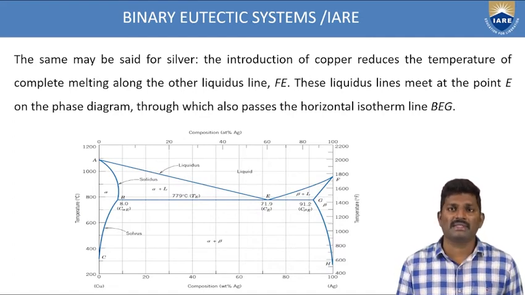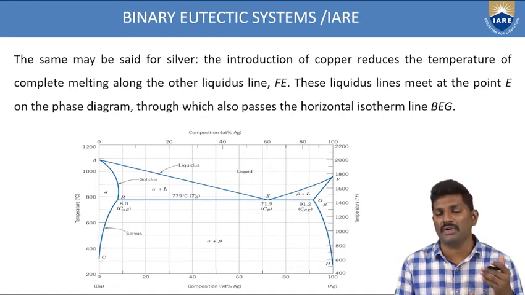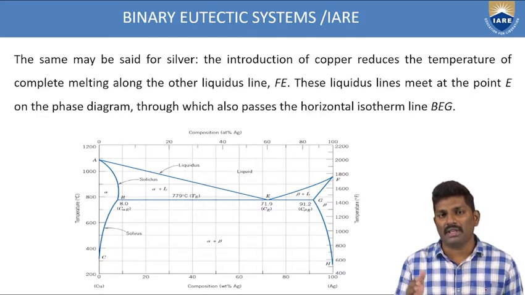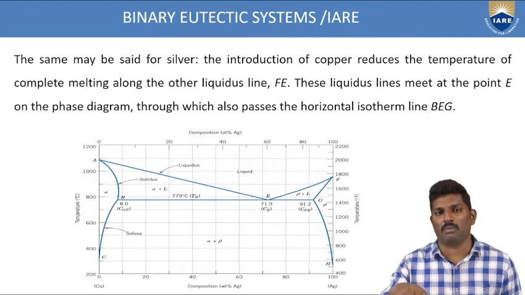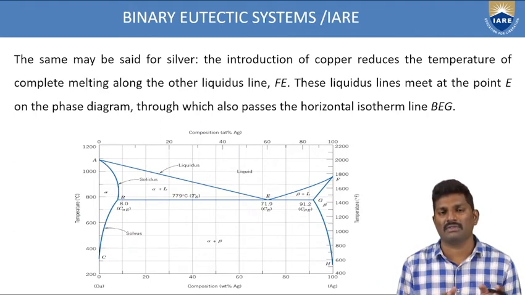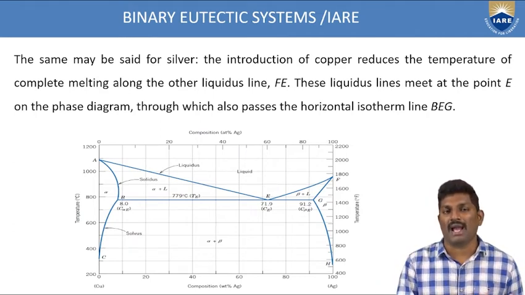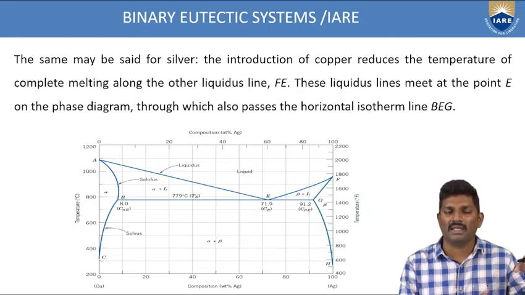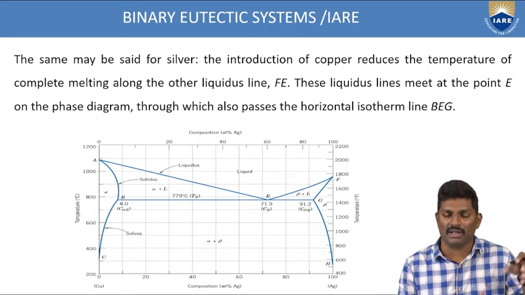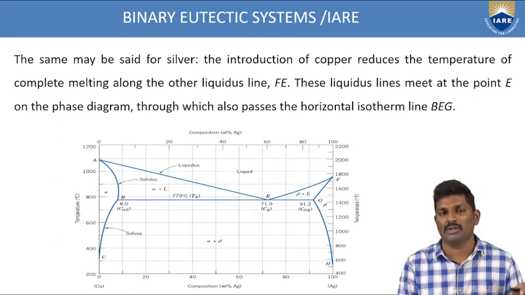The same may be said for the silver also. In the same way that we are introducing the copper into the silver, we are introducing the silver into the copper also. Vice versa. At one position we are adding the silver into the copper, so that the melting temperature is very low.